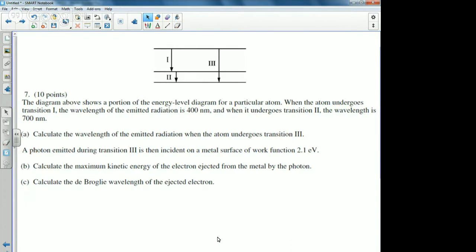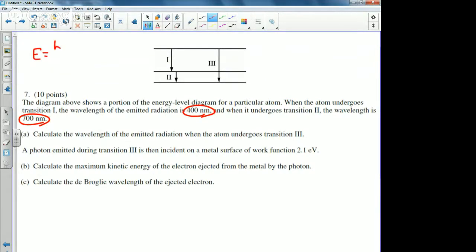Anyway, whenever you see a Bohr model question, what's the first thing you should always do? Convert to energy. Anyway, I'll go over this very quickly. You have two wavelengths.